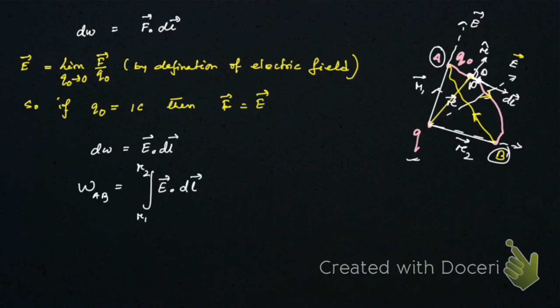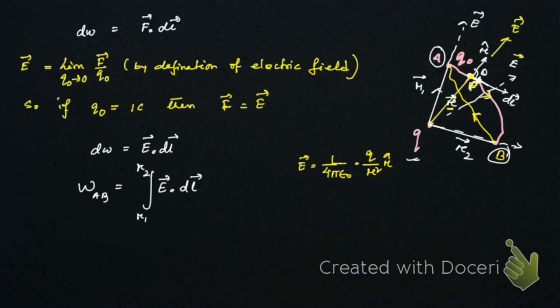Now the electric field at this point P, whose position vector is r vector, is given by E equal to q by 4 pi epsilon naught r square, or 1 by 4 pi epsilon naught into q by r square, and in vector form r cap is the direction of the electric field at this point.